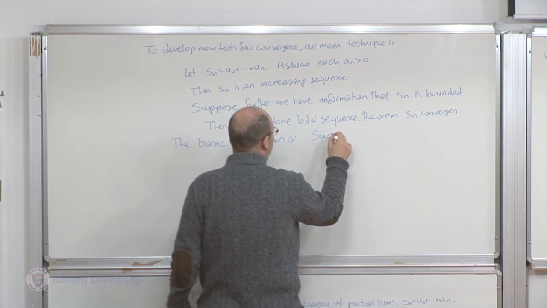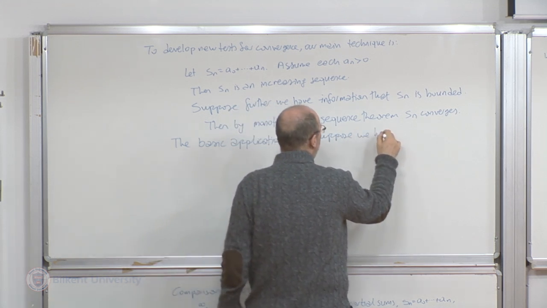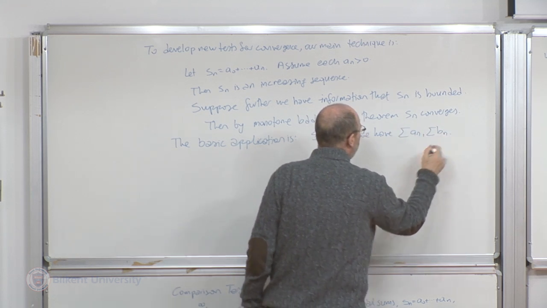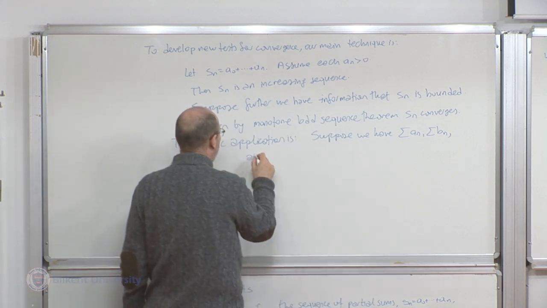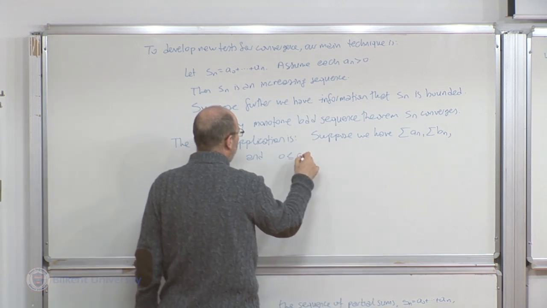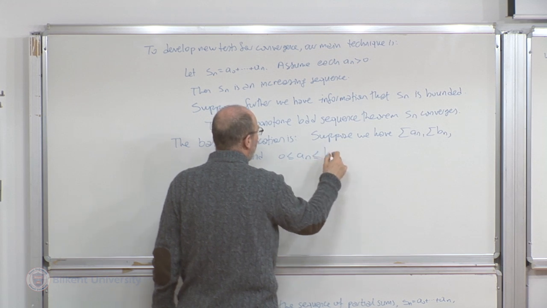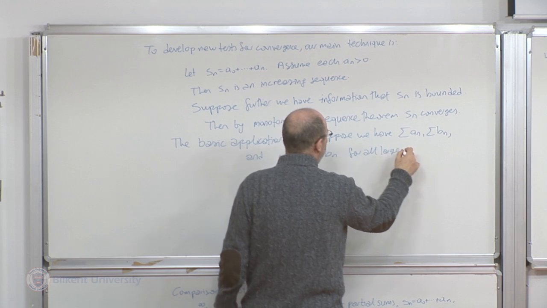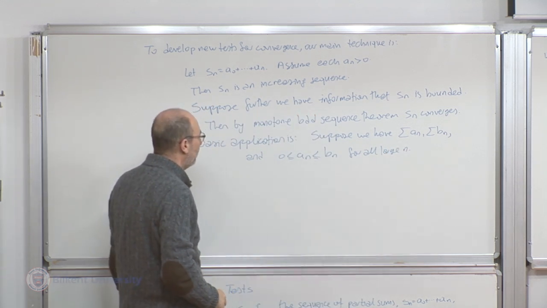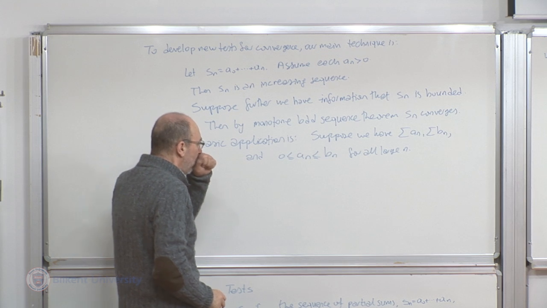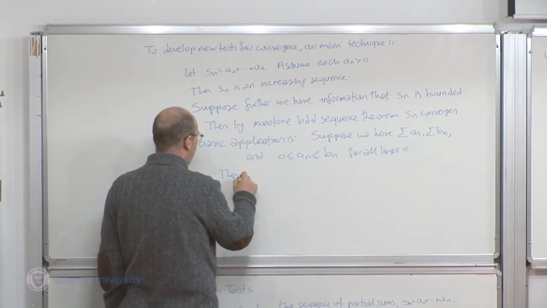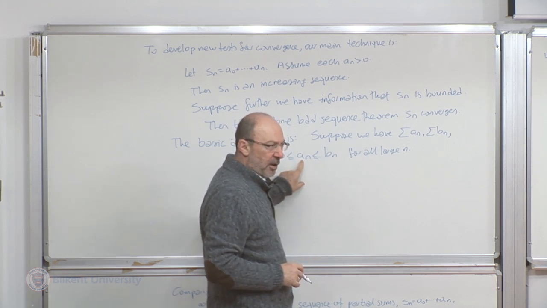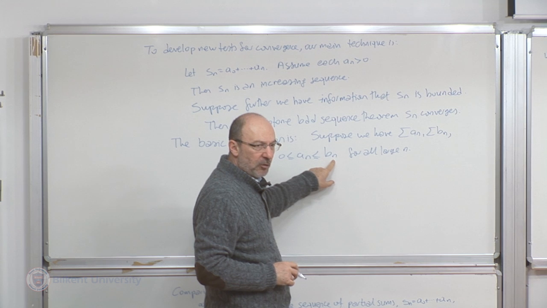Okay, so suppose we have two series, An and Bn, and an is less than or equal to bn for all large n. Okay, so you see that the partial sequence for this thing will be bounded by the partial sequence of this thing.